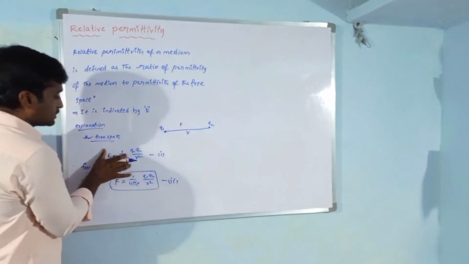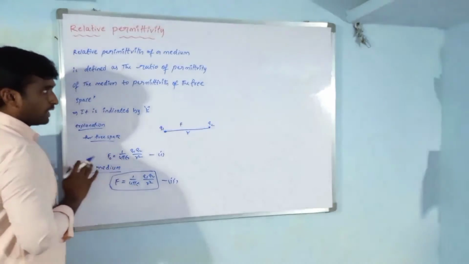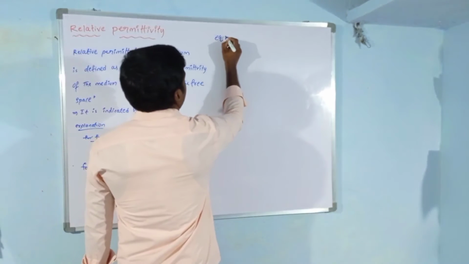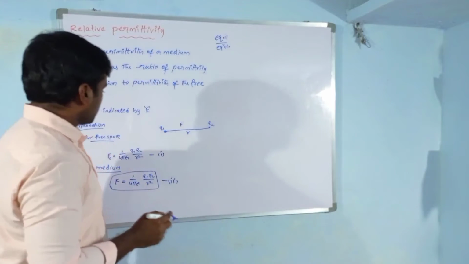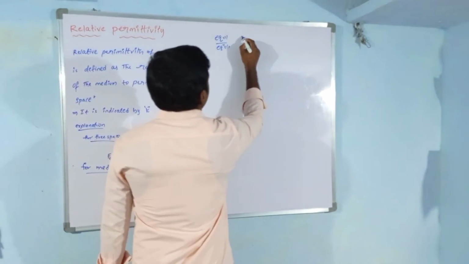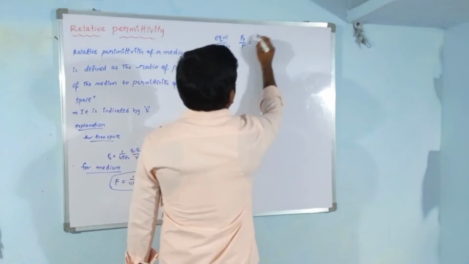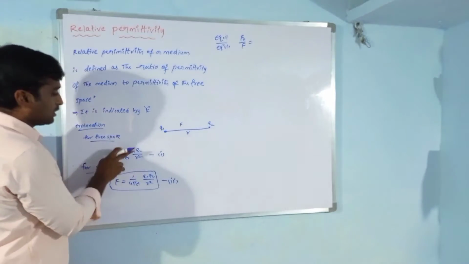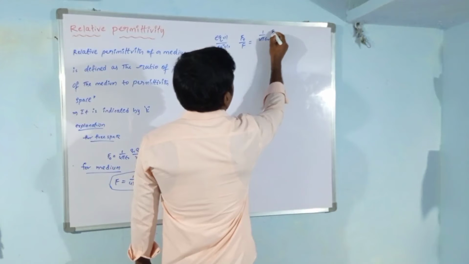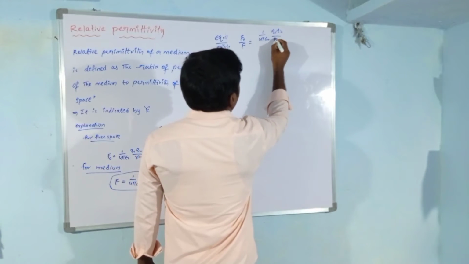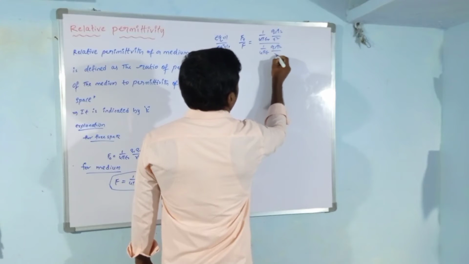In the first case, the two charges are placed in free space. So I am taking the ratio of equation 1 by equation 2, that is F naught by F. F naught is 1 by 4 pi epsilon naught, Q1 Q2 by R square, divided by 1 by 4 pi epsilon, Q1 Q2 by R square.